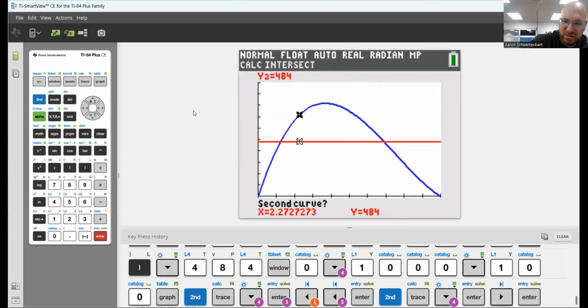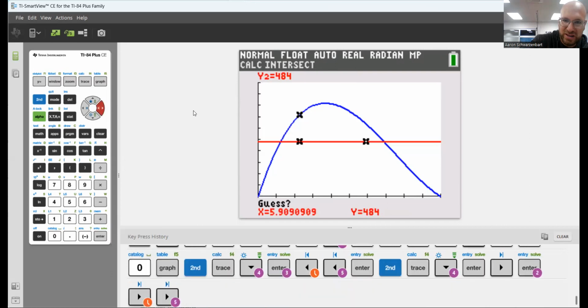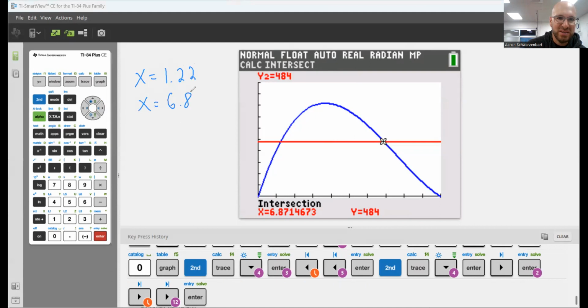See which curve I'm on. I scrolled away to see which curve I was on. My guess is closer to the second intersection, or 6.87. So again, I'm looking at x equals 1.22 or x equals 6.87.